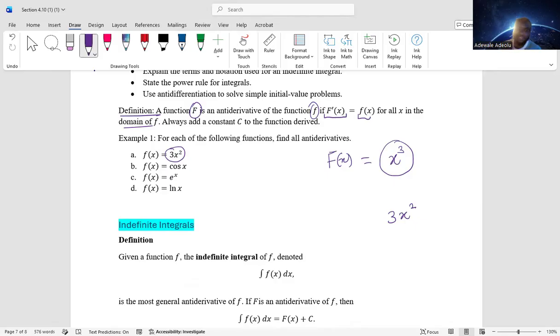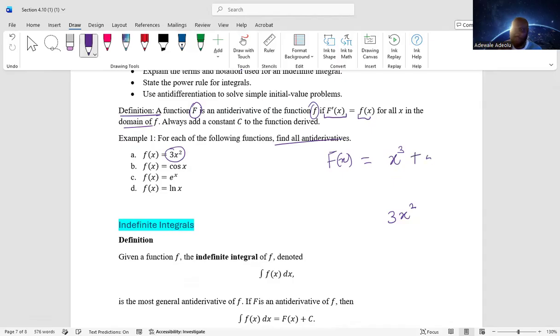Now, in this case, we want to find the antiderivatives, meaning that we will think of a function such that when we take its derivative, our result is going to be 3x squared. And in this case, we find one. However, we will quickly notice, is that the only function that can give us that result? Maybe not.